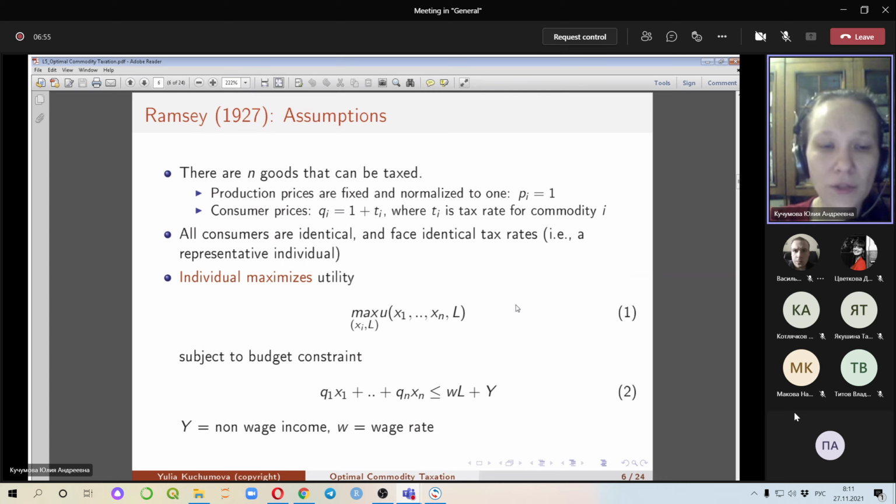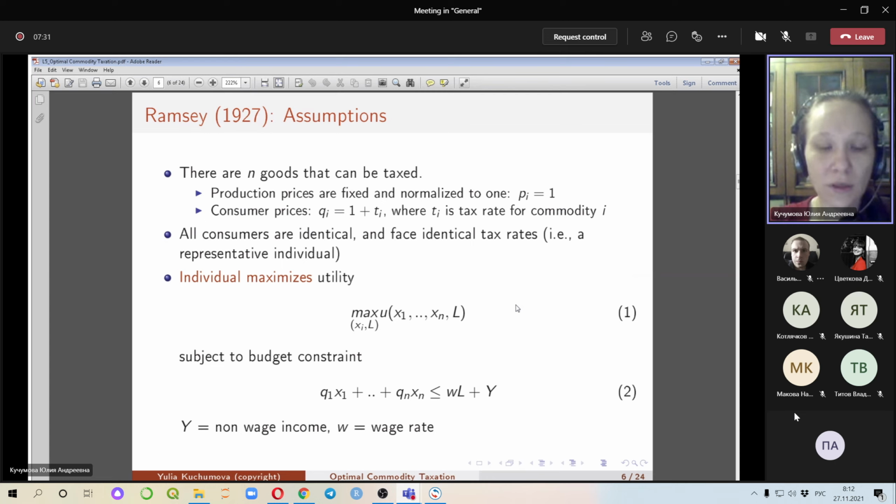The individual maximizes his utility function. This is the individual problem, given by equation 1. It's a maximization of utility that depends on the consumption of goods 1 through n, x1, x2, and so on up to xn, and also, in this case, on labor.